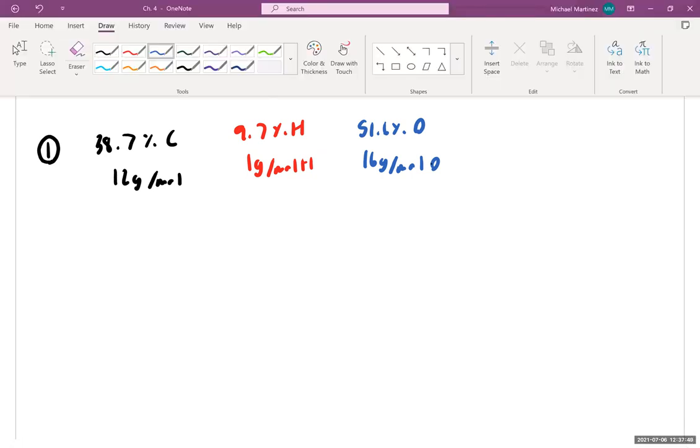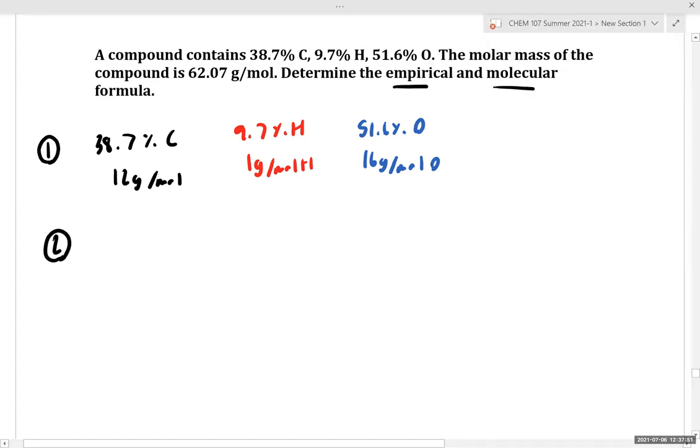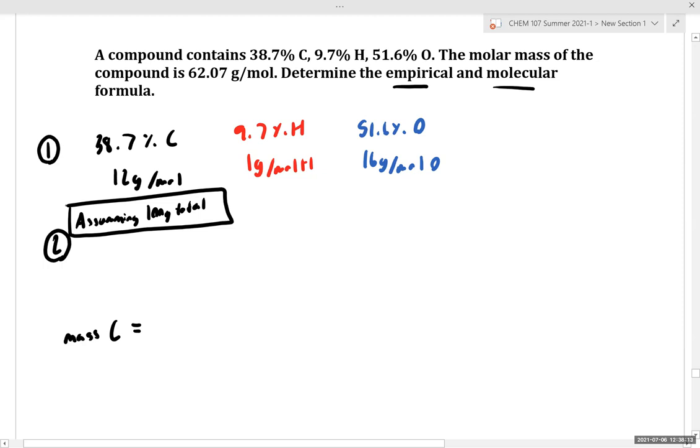With this information in mind, we can now approach the next step, which is calculating the mass of each element. Would anyone like to start us off with this process by sharing their calculated mass of carbon, assuming 100 grams total mass?